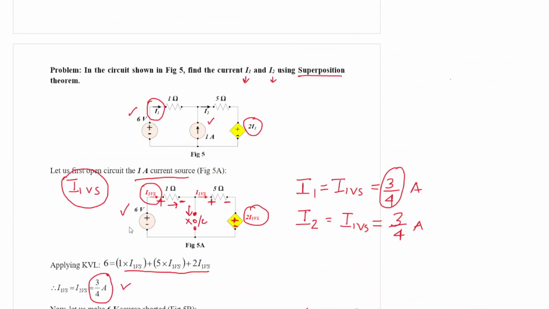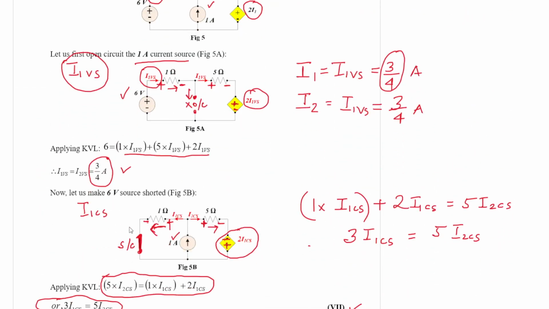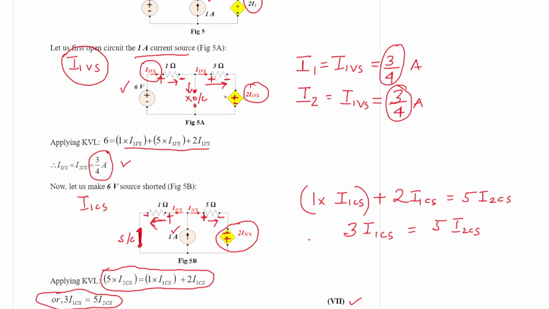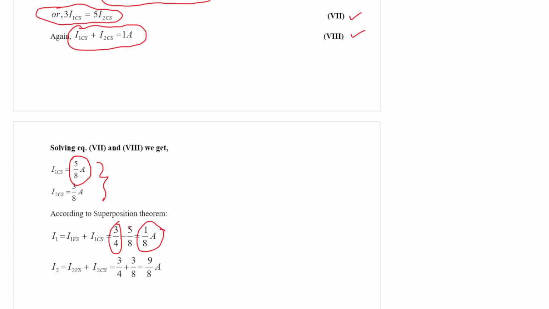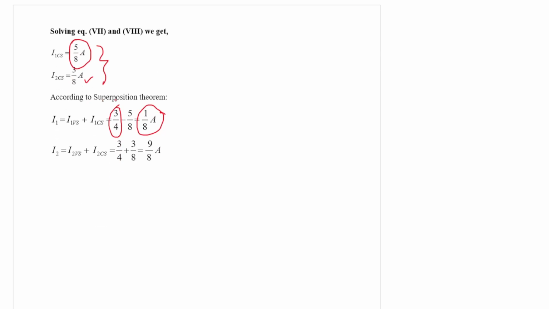For I2, in the first condition it is 3 by 4 ampere, flowing from left to right. For figure 5b, it is also flowing from left to right, with 3 by 8. So both currents should be added, 3 by 4 plus 3 by 8, which is equal to 9 by 8 ampere, which is I2. So they are solved. This is called the principle of superposition.